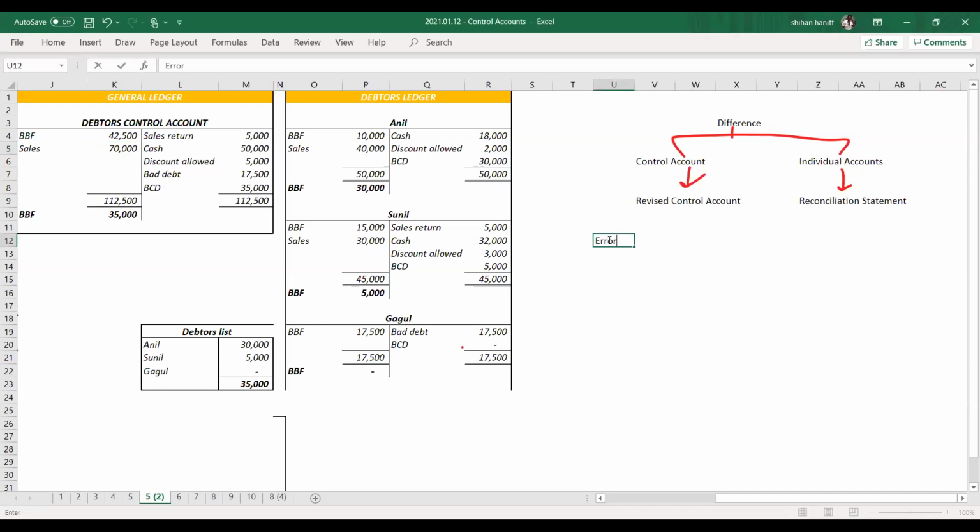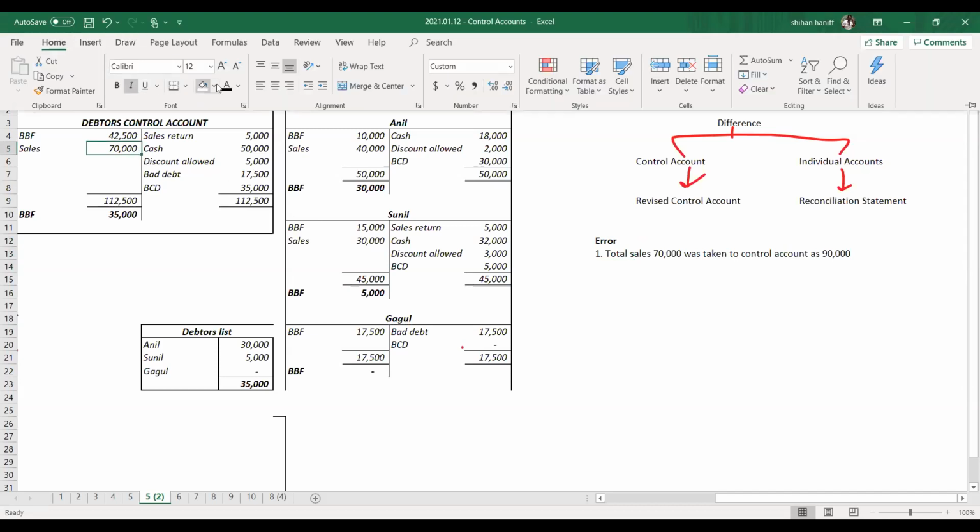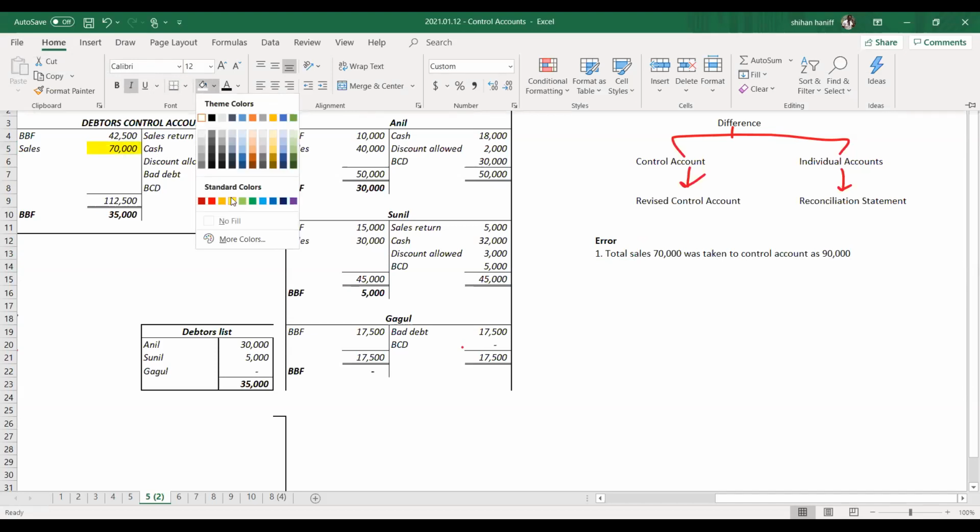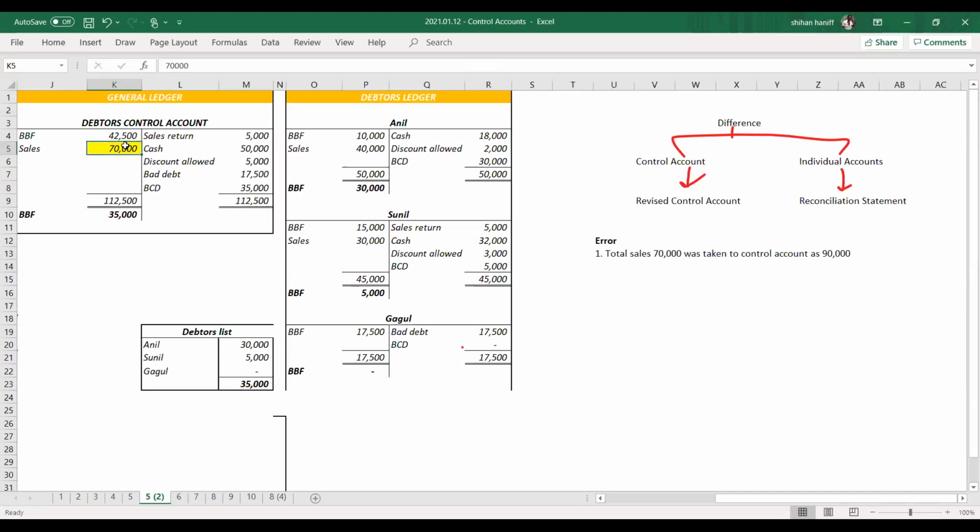Error 1: Total sales 70,000 was taken to the control account as 90,000. Right, so here in the sales, I'm going to put 90,000.